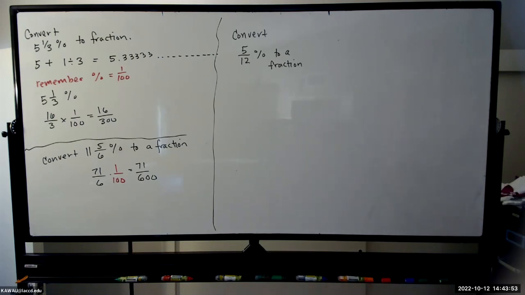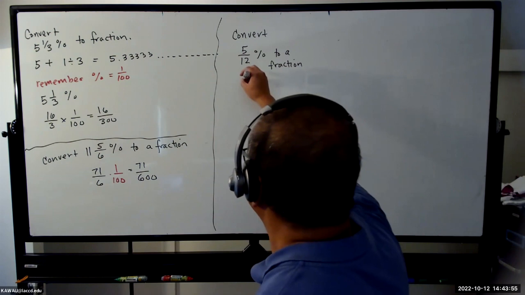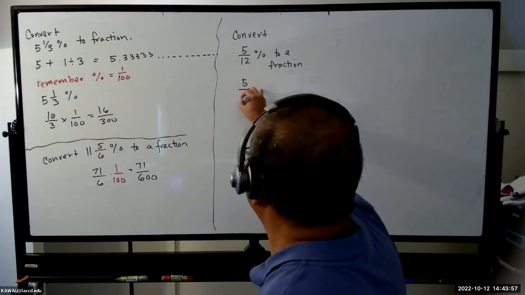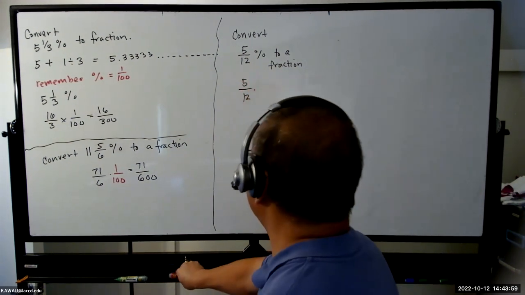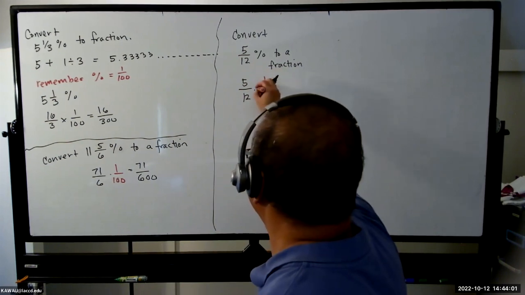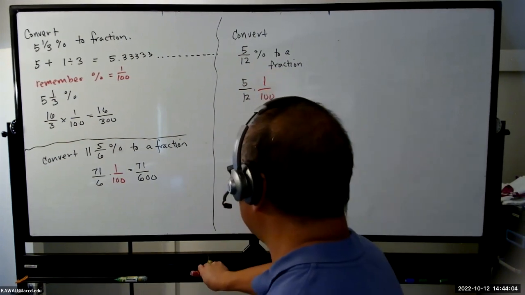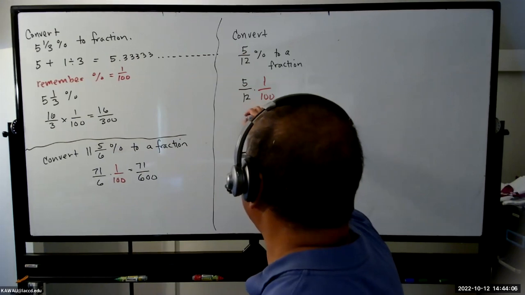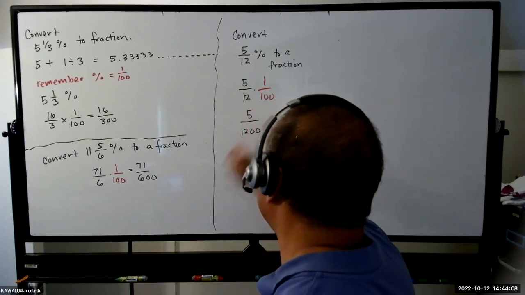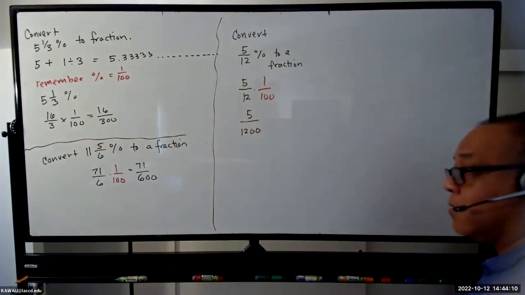Okay. So we get 5 over 12 times 1 over 100 is 5 over 1200. And then we're done.